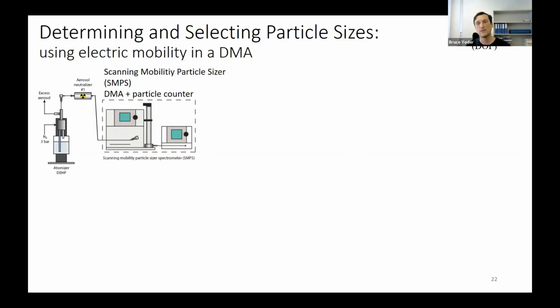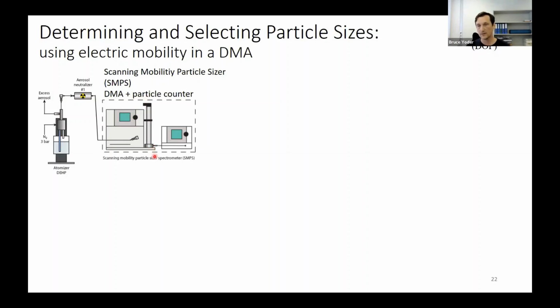Let's consider a real-life example using the low vapor pressure DOP that I mentioned before. We generate a continuous flow of polydispersed aerosol particles with our atomizer, then pass the flow through a neutralizer to produce our known charge distribution. After that, the particles enter the DMA where they are sorted by their mobility in an electric field.